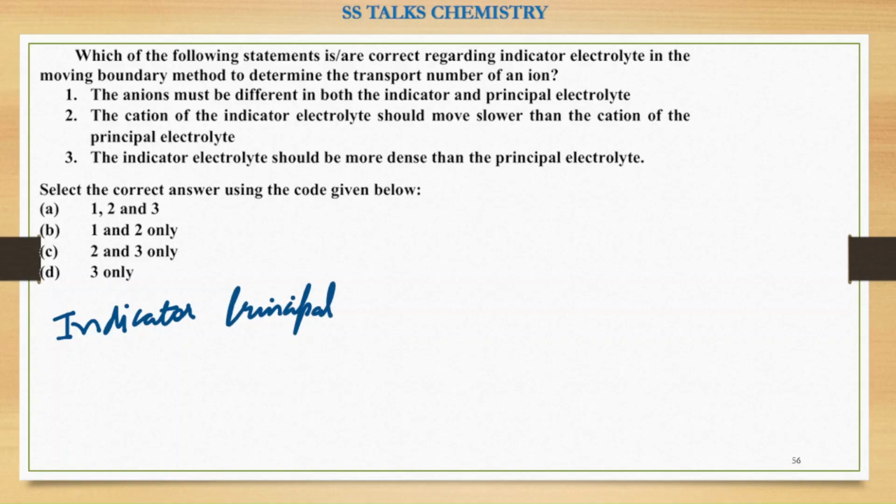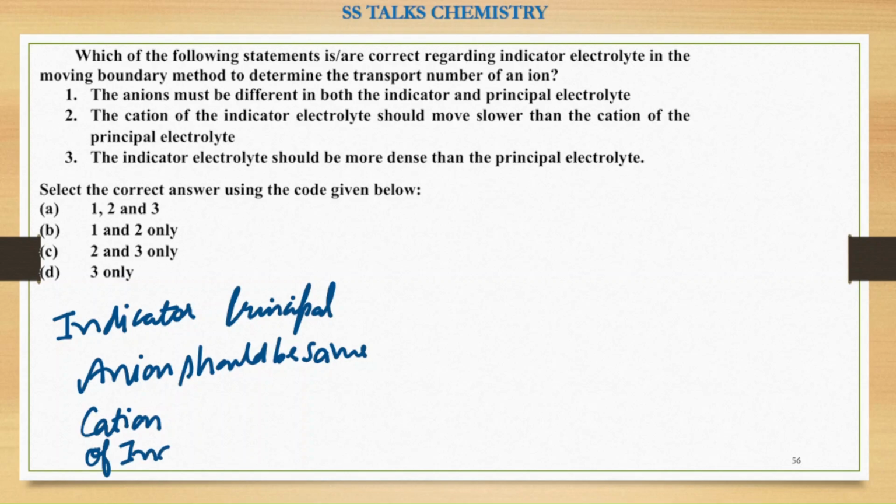In both of them, the anionic species should be the same. Whereas for the cation, the cation present in your indicator electrolyte should move with a slower speed, slowly compared to the cation of the principal electrolyte.